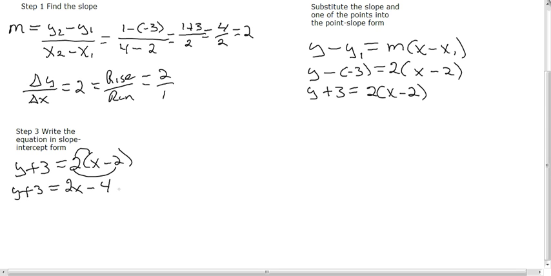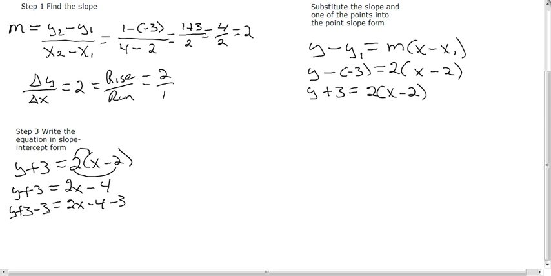Okay, almost done. Solving for y, we see that y is being added by 3. So in order to get y by itself, we need to subtract 3 from both sides. So let's go with y plus 3 minus 3 is equal to 2x minus 4 minus 3.